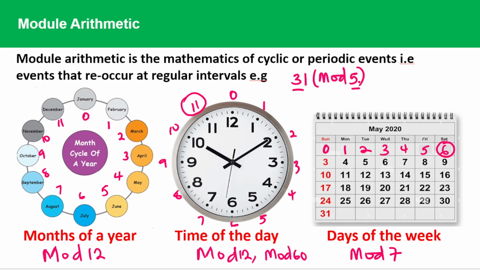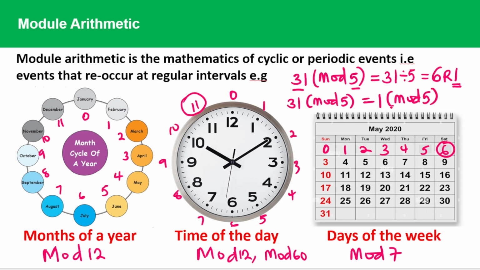To simplify, we do 31 divided by 5, which gives us 6 times, remainder 1. This 1, which is the remainder or the residue, is our answer. So 31 mod 5 is the same thing as 1 mod 5. This is why modular arithmetic is referred to as the arithmetic of remainders or residues, because our answer is usually the remainder or the residue.